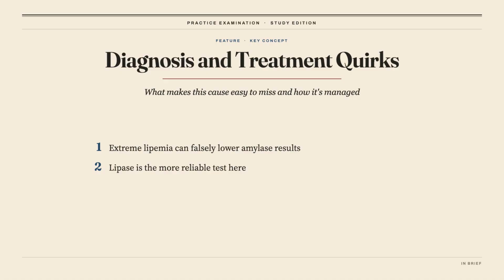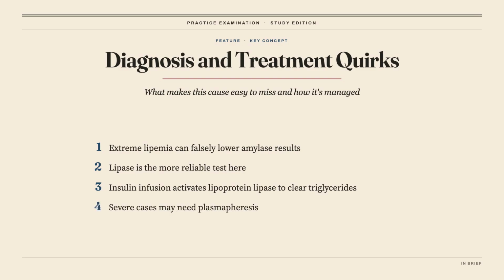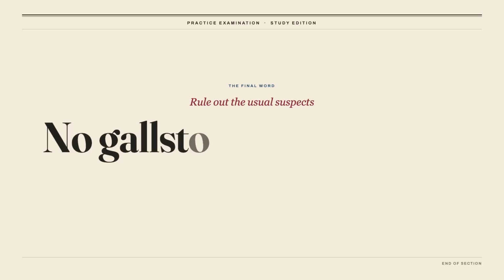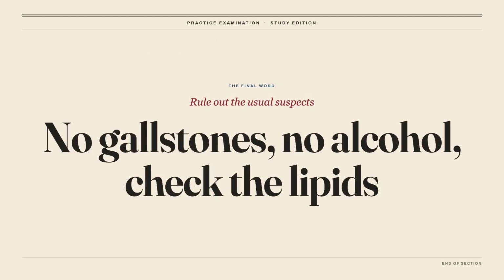Treatment also diverges from routine care, using insulin infusion to activate lipoprotein lipase and clear triglycerides, or plasmapheresis in severe cases, alongside long-term fibrates and lifestyle changes. When a stem carefully excludes gallstones and alcohol, it's steering you toward triglycerides, not the rarer metabolic twin, hypercalcemia. One triglyceride value can change the entire diagnostic trajectory.